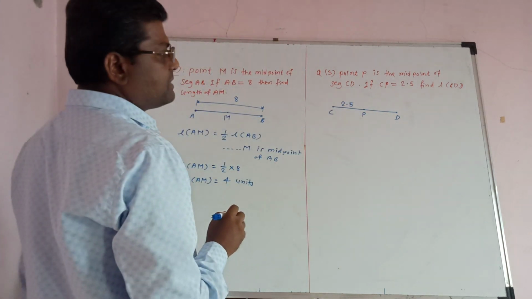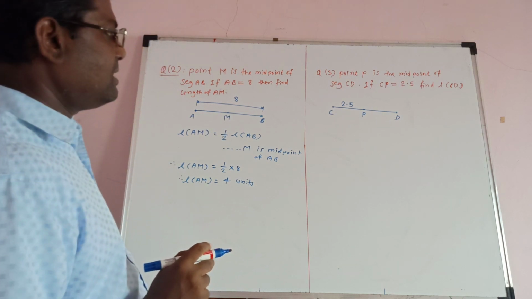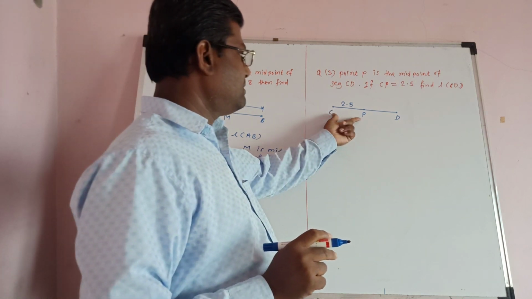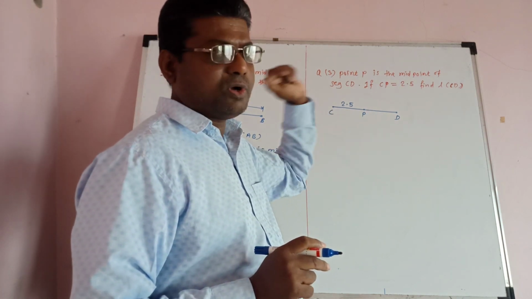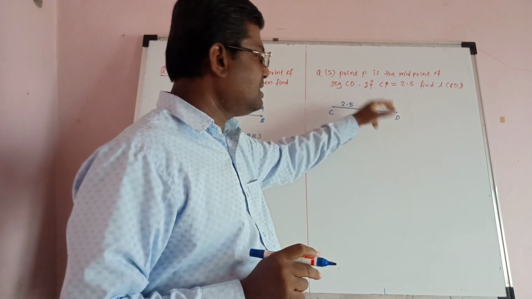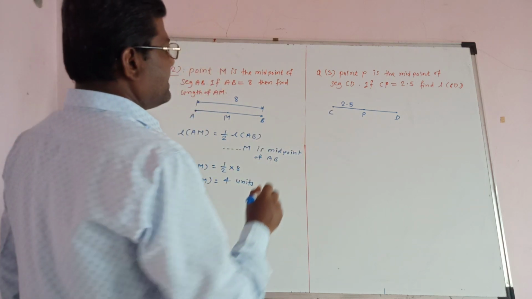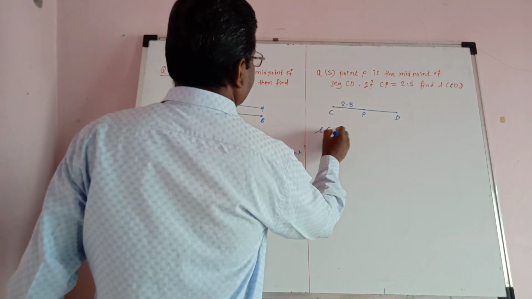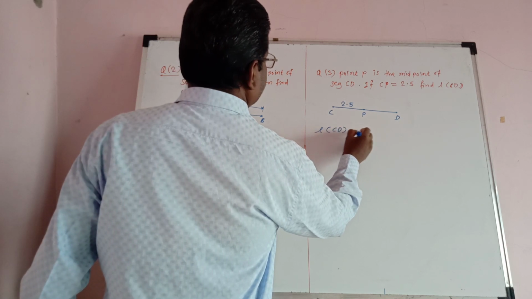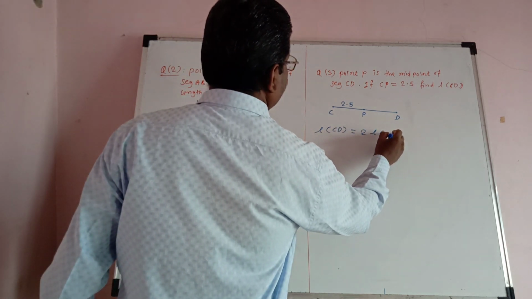Find length of CD. P is a midpoint of segment CD. Then length of CP is equal to length of PD, and length of CD is 2 times of length of CP. Therefore, we write length of CD is equal to 2 into length of CP.